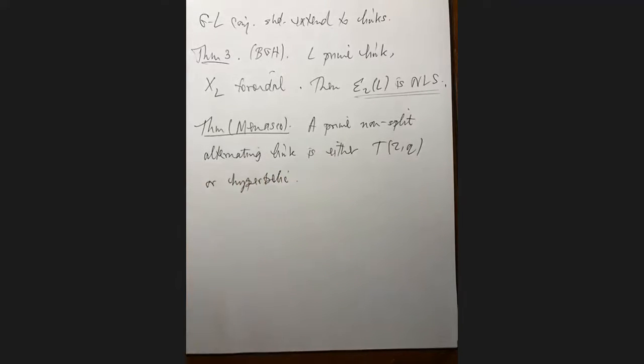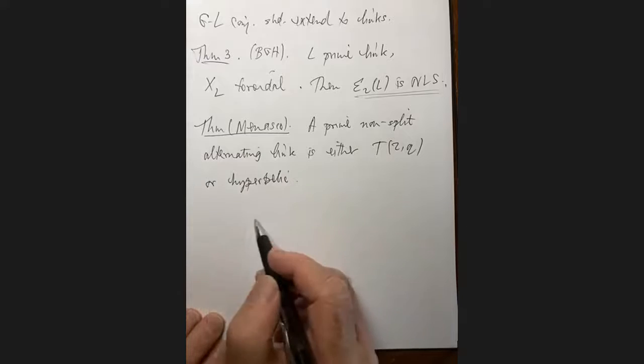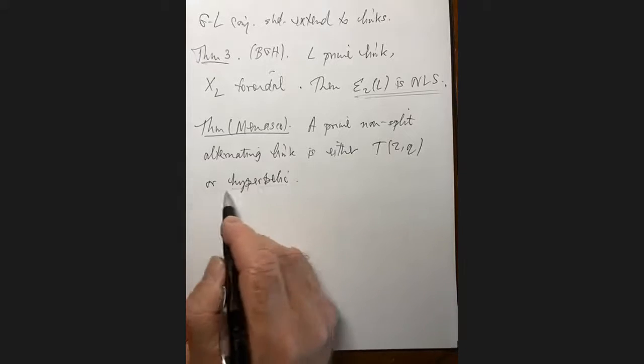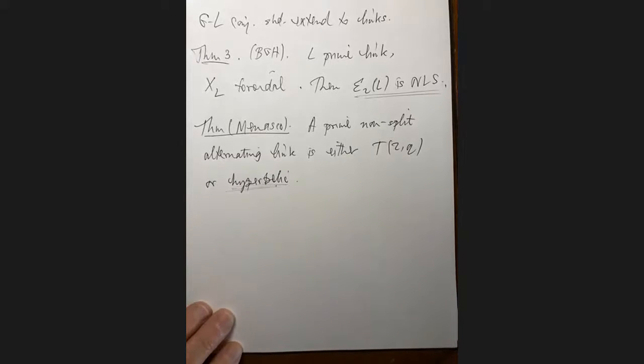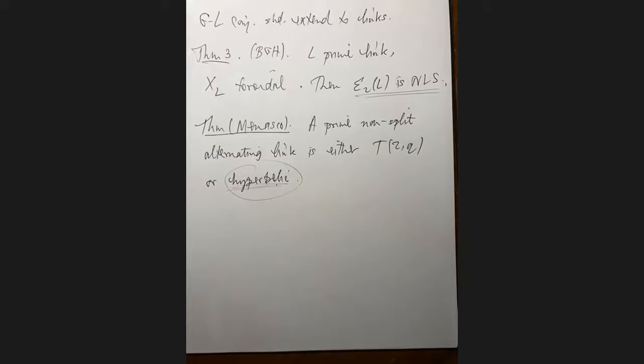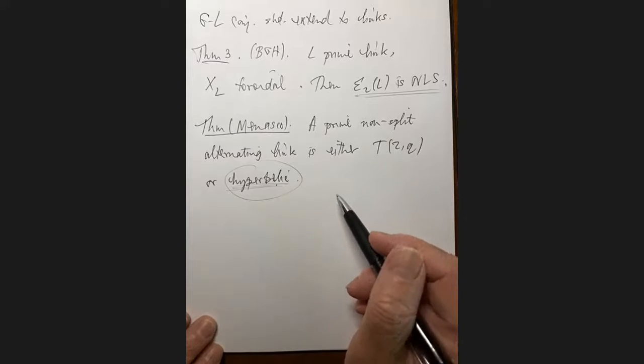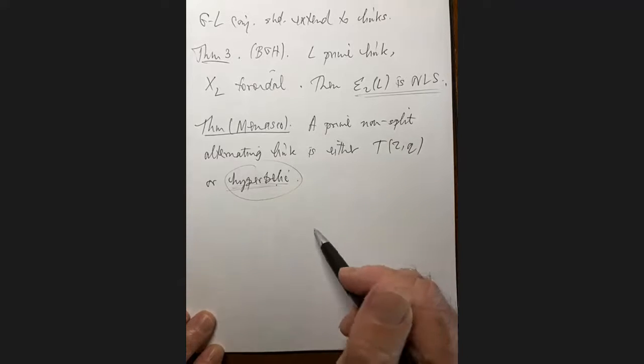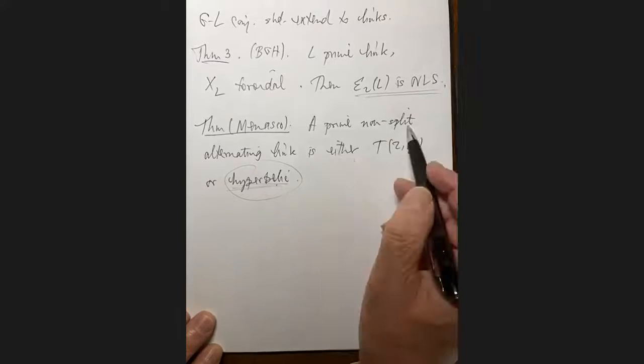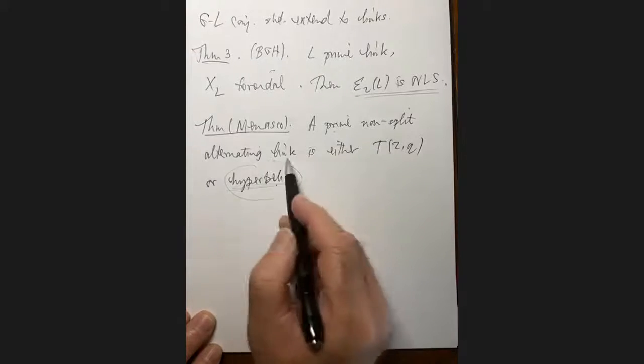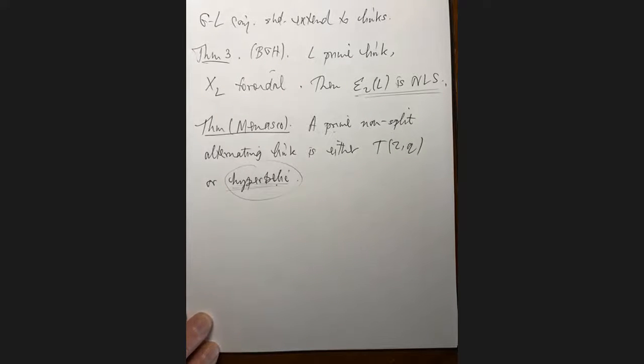So that was a great theorem, and at the time, around when Thurston was introducing hyperbolic structures, it gave rise to many, many examples of hyperbolic things. Well, when Heegaard Floer homology came along, Ozsváth and Szabó showed that the double branch cover of such a link, a prime non-split alternating link, is always an L-space.